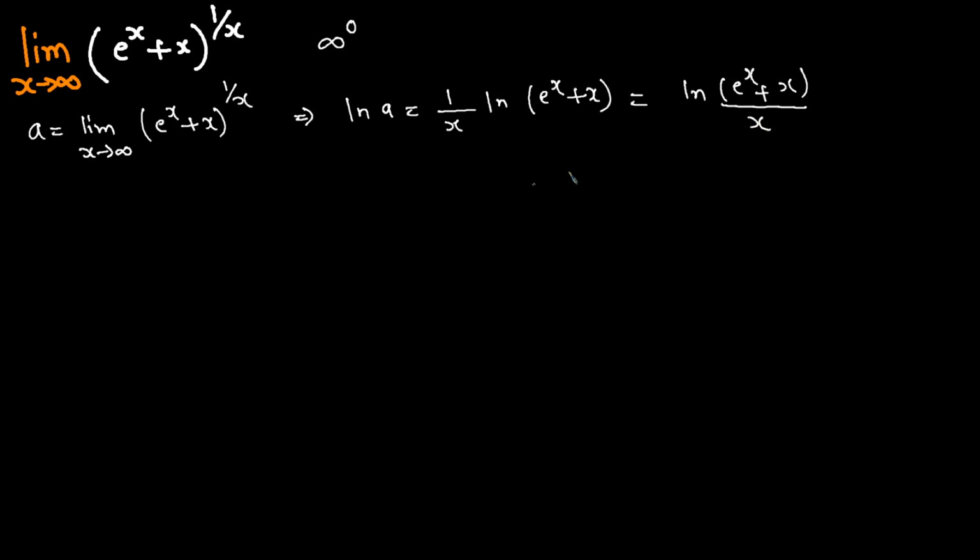Okay, and now we're going to find the limit. So let me rewrite it. We have log natural a is equal to log natural... I think I forgot to write the limit, so let me rewrite it.